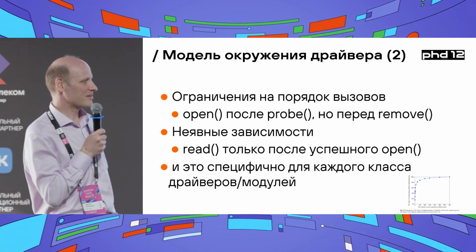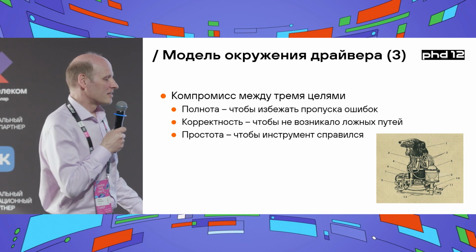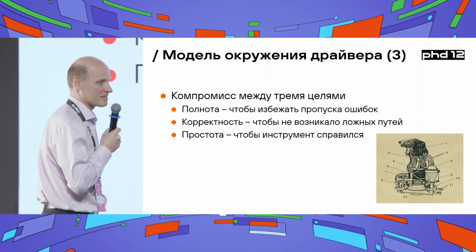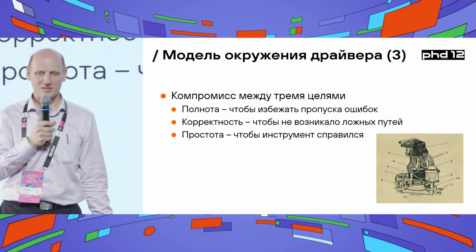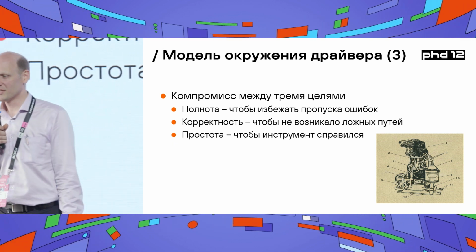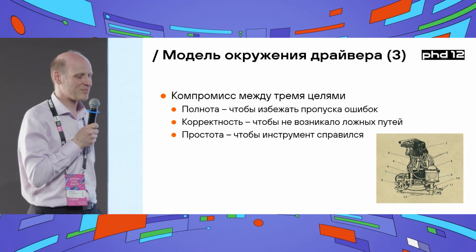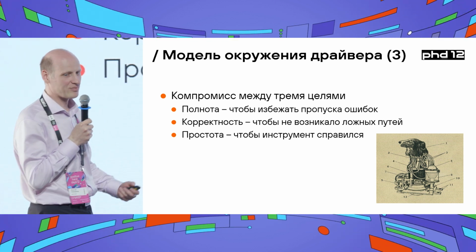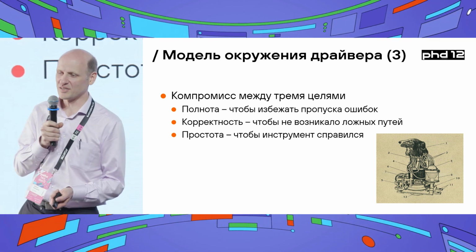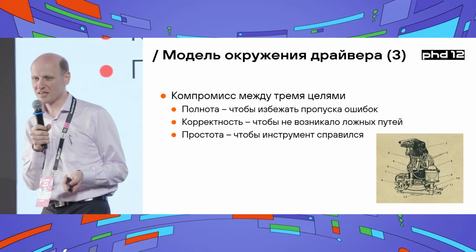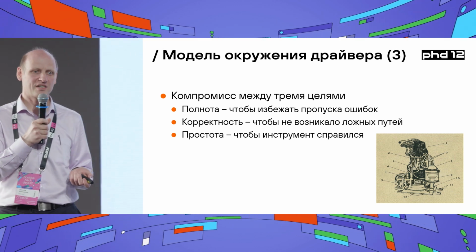Still, this is a problem, because you cannot analyze all the modules in this way. And the task is to build a model of the environment that will try to find a compromise between three targets. First is completeness, not to miss any bugs.